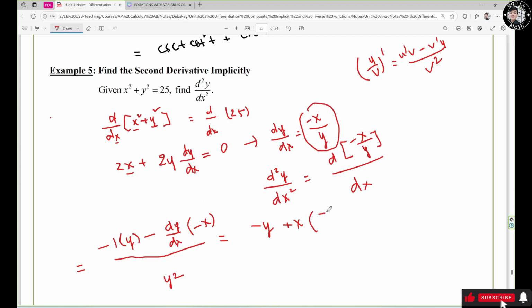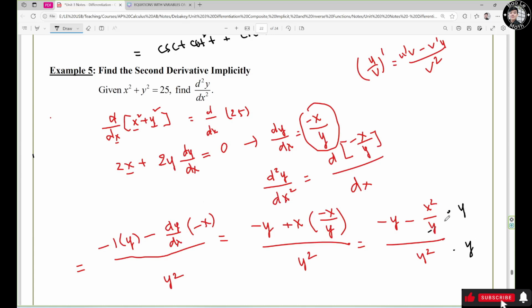So it could be negative s over y squared. So this is the same thing as negative y minus s squared over y squared. Now to simplify this one, I'm going to multiply the top and bottom by y, so this cancels out.